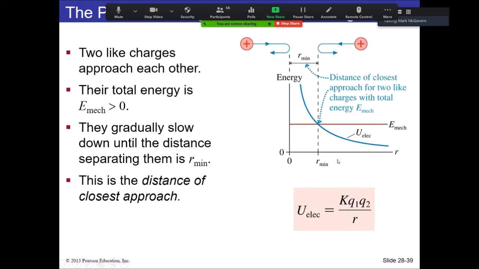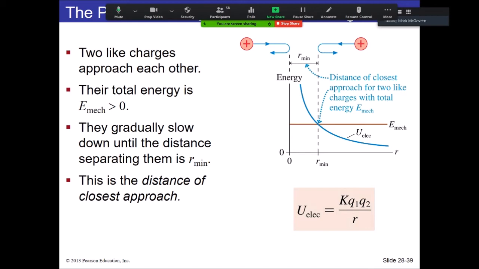Or not. All right, so here's how it's going to look for the positive charges. Now, in this example, the positive charges have been shot at each other. They don't obviously have to be shot at each other; we're just using that as a nice illustration here. But let's say they are shot at each other.